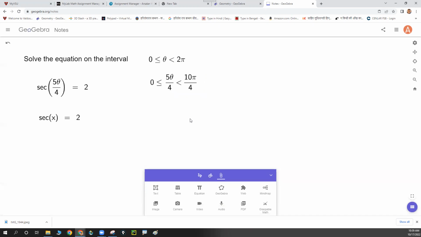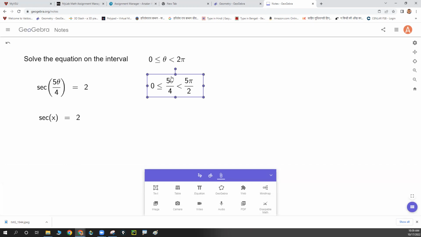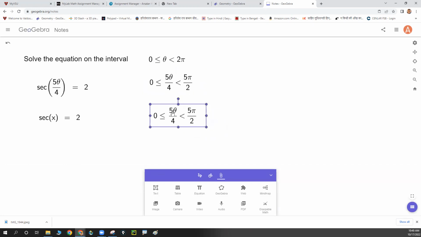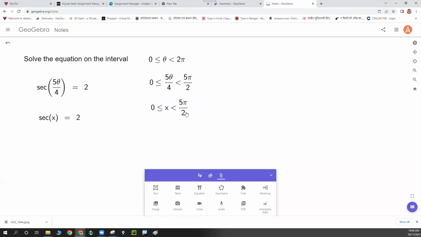Now, instead of writing 10 pi over 4, I am going to divide both 10 and 4 by 2, and I'm going to get 5 pi over 2. That's much better. Now, my inequality further can be simplified, and instead of 5 theta over 4, I can write x.